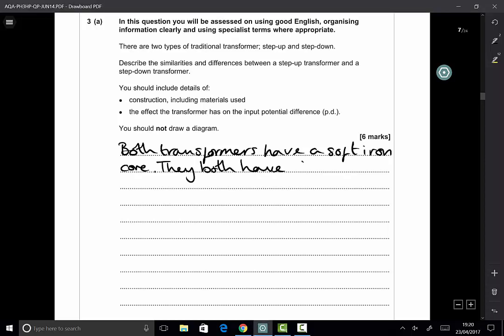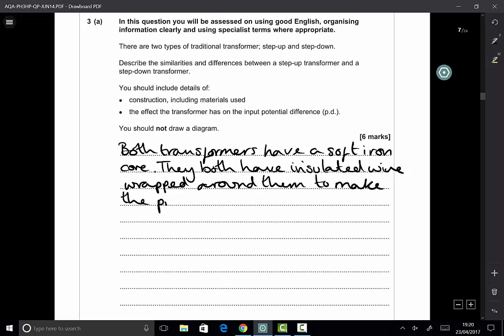They both have insulated wire wrapped around them to make the primary and secondary coils. Okay, so there's the key part of the structure.